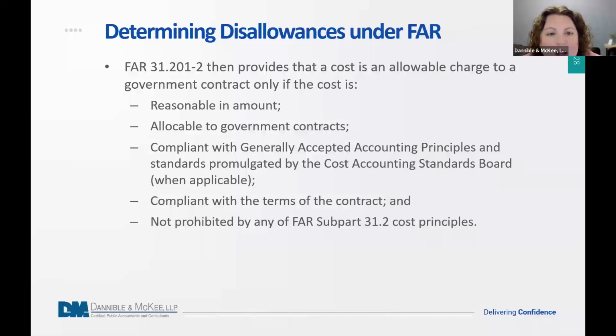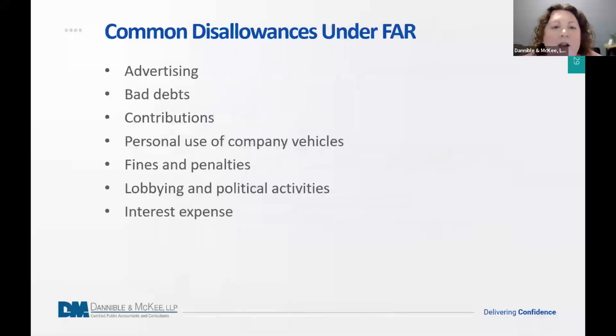Okay, so what does all of that mean? Reasonable in amount. I think we could all say every cost is reasonable, right? Well, here are some common disallowances under FAR: advertising, bad debts, anything that's written off, contributions, personal use of company vehicles, fines and penalties, any lobbying and political activities, and interest expense.